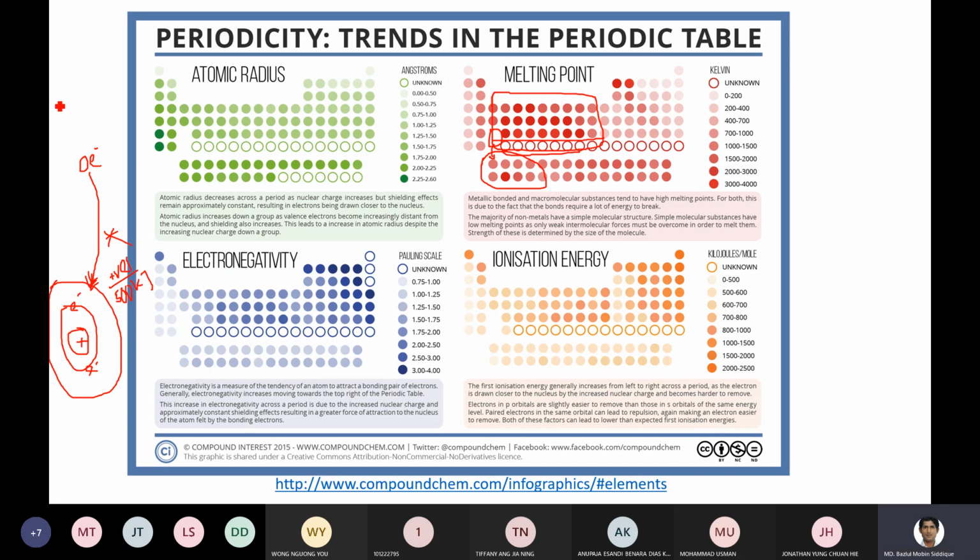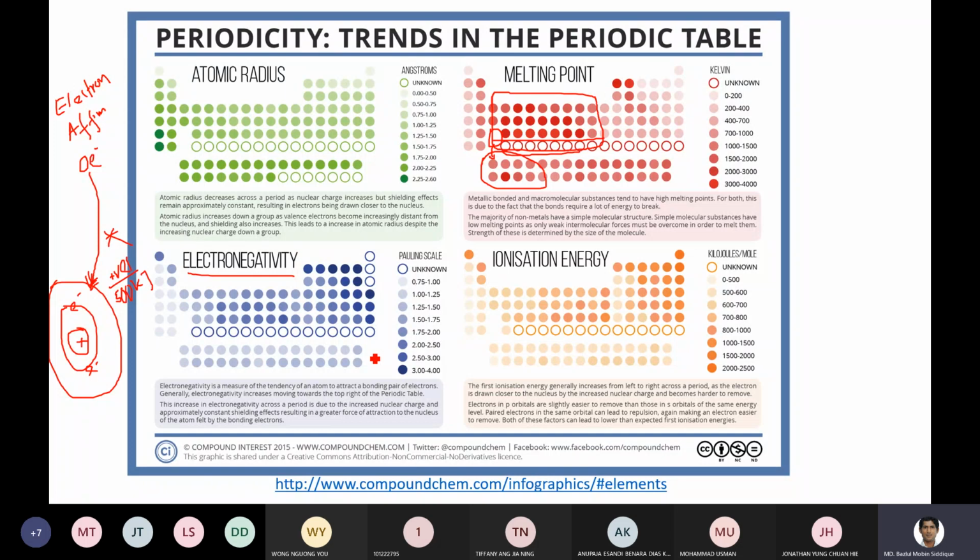Anyway, so this is electron affinity I was talking about, but this is electronegativity. Electron affinity is what I was talking about so far, but electronegativity is the tendency of an atom for getting one electron to be on its orbital.